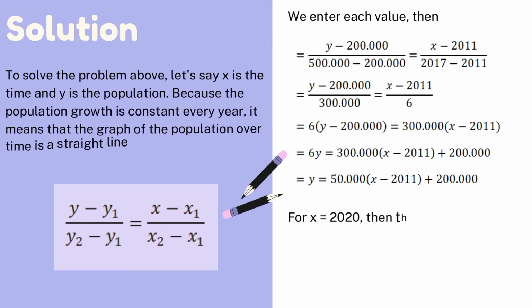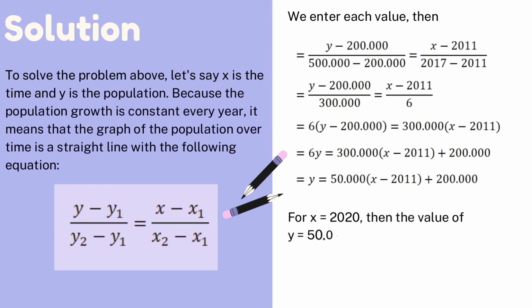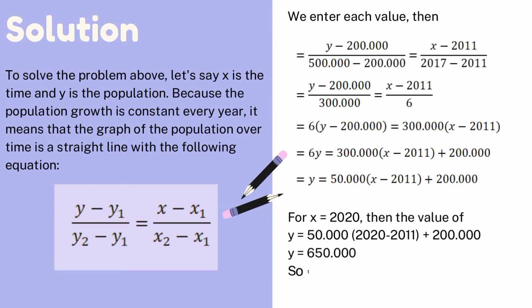To solve the problem, let's say x is the time and y is the population. Because the population growth is constant every year, it means that the graph of the population over time is a straight line with the following equation. (y minus y1) over (y2 minus y1) equals (x minus x1) over (x2 minus x1).